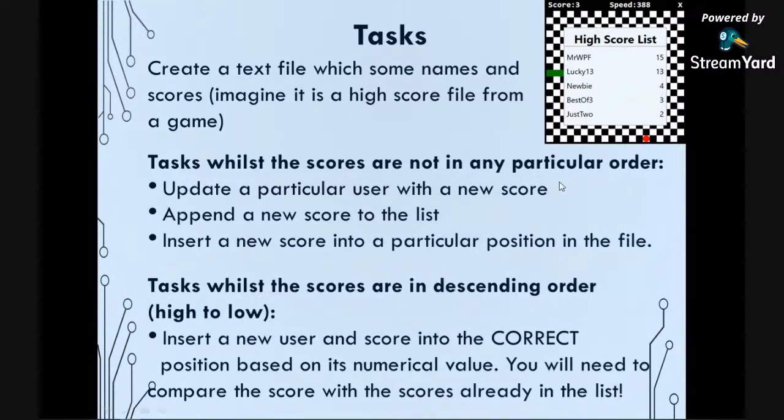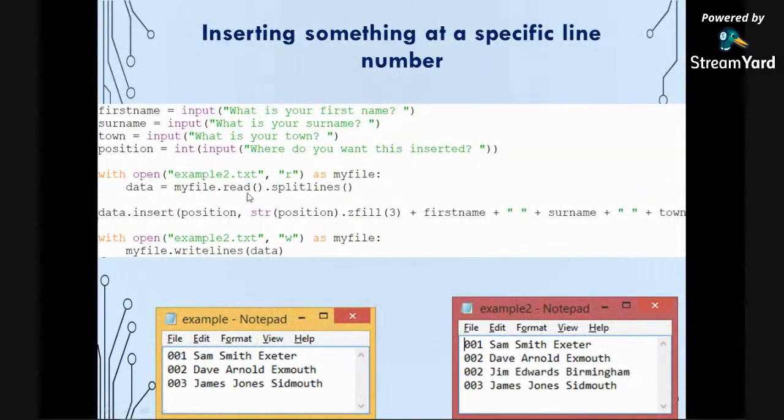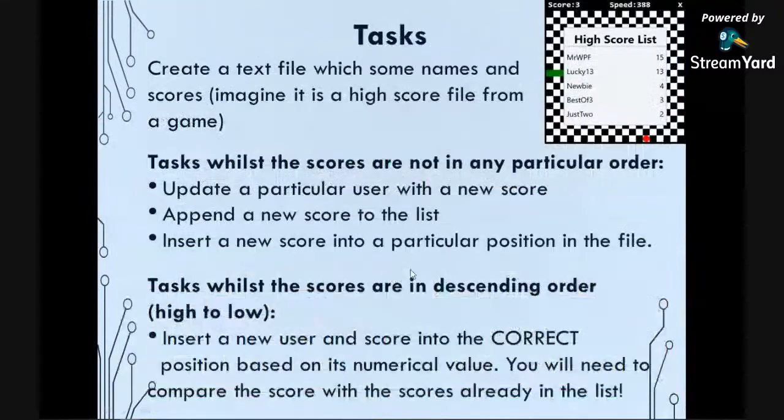So you need to then utilize your idea of lists to be able to go, okay, find the line that includes this name, for example. Append a new score to the list. That should be fairly straightforward using this information here. Insert a new score into a particular position in the file. So that's where we use this one here.